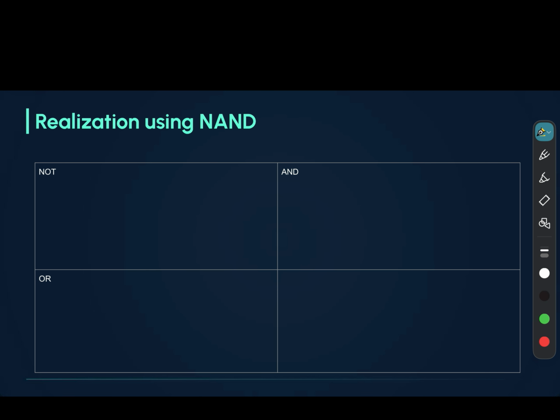Perfect. Okay, now let's check how to create the other elementary gates using only NAND gates. It's very simple for the NOT gate. You have your input X, and then you draw a NAND gate like that. Your output's going to be X dash.